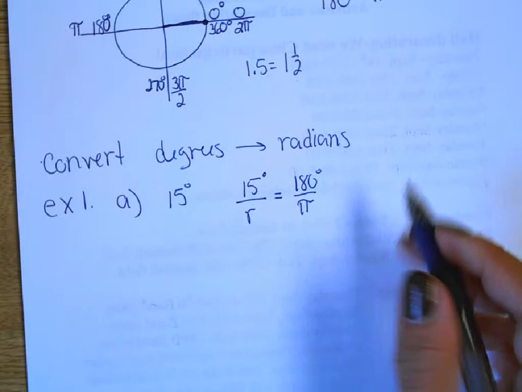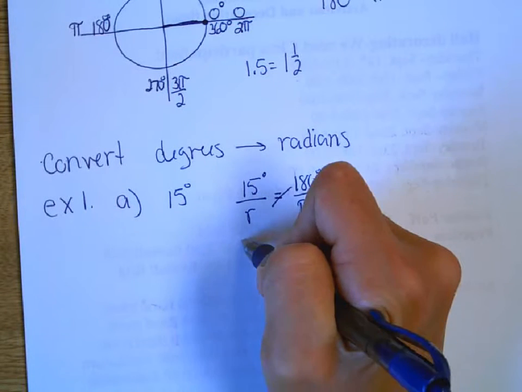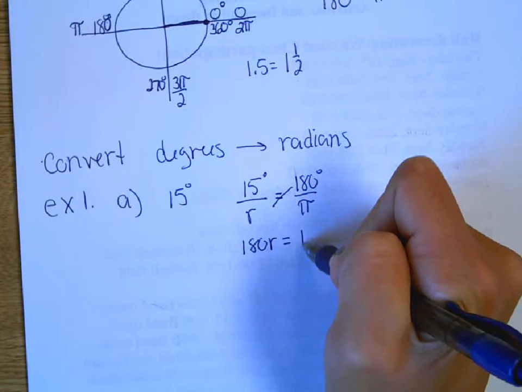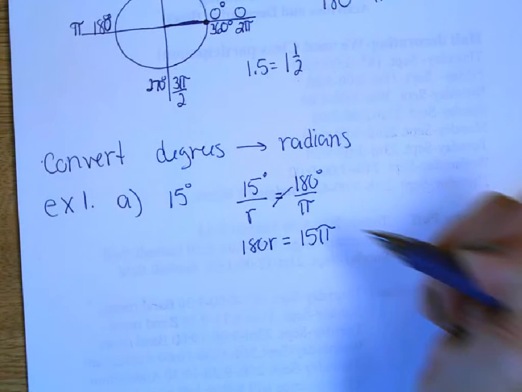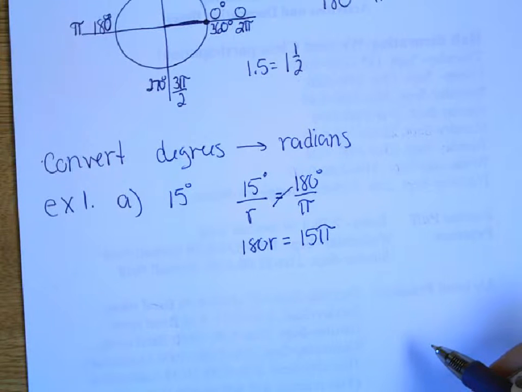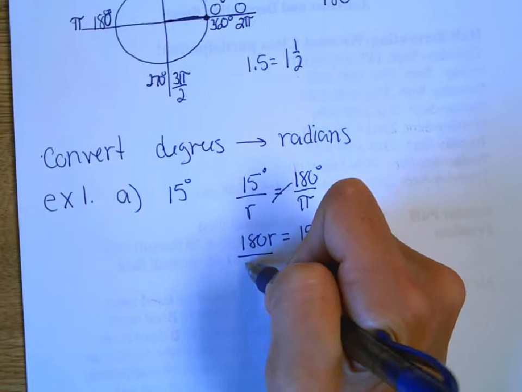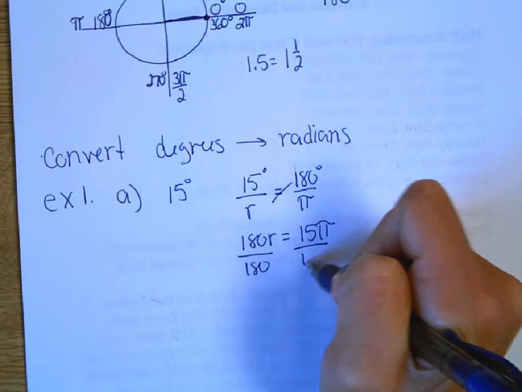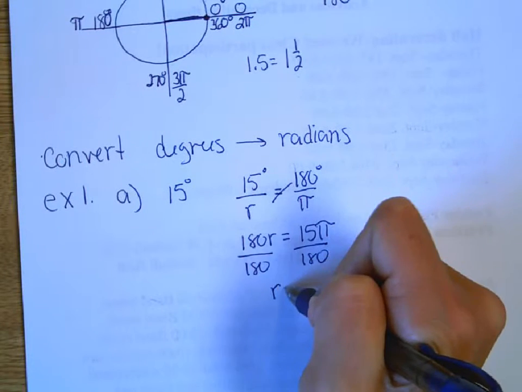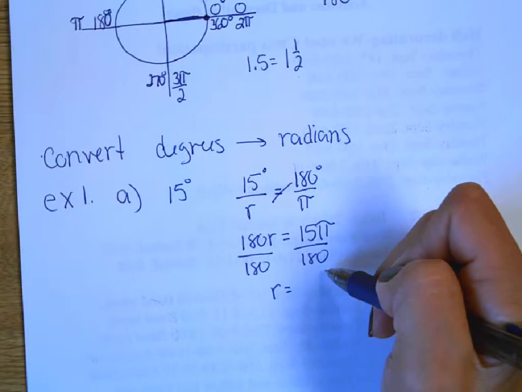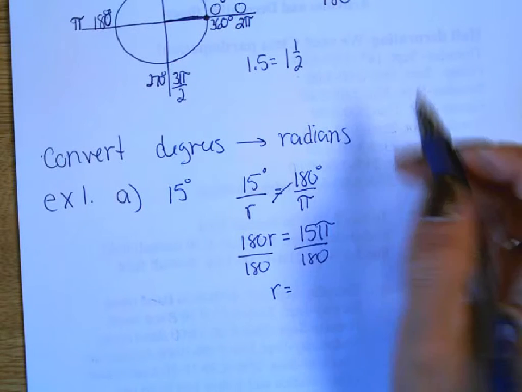So if I was going to solve this for r, cross multiply. 180 times r equals 15 pi. Don't multiply because we want exact stuff. Now how do I solve for r? Divide by 180. So the radians would equal, and now I just have to reduce my 15 and my 180. What goes into both of those? 5.